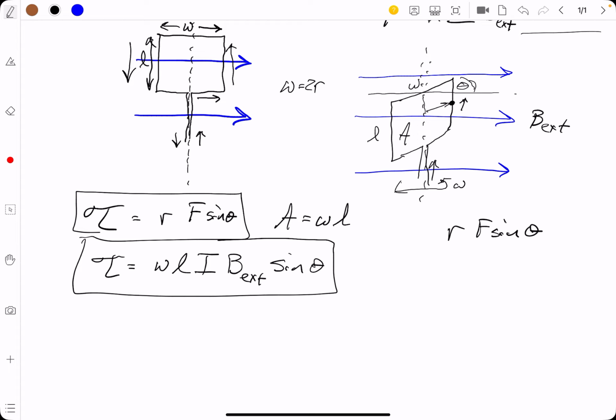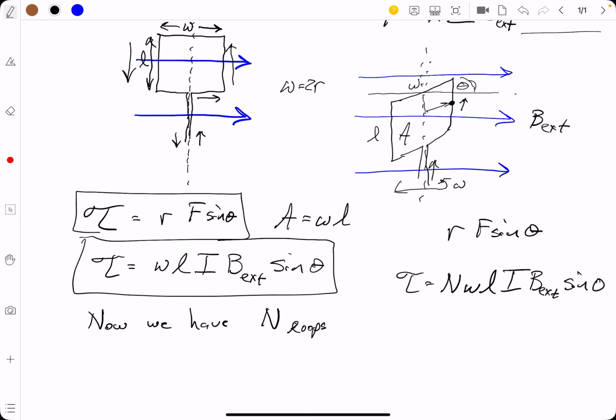So now what if we have a whole bunch of loops? We're going to have n of these loops. And we get the same equation. We just have to multiply by n. So our torque is equal to n times our width times our length times I times B external times the sine of theta.